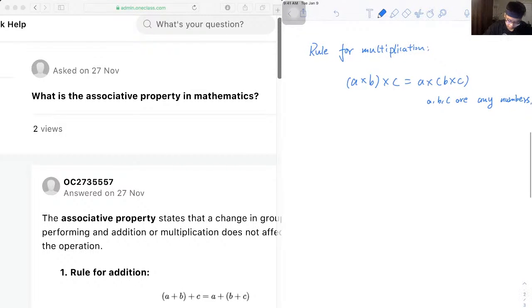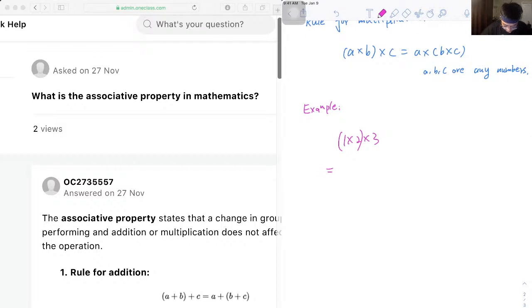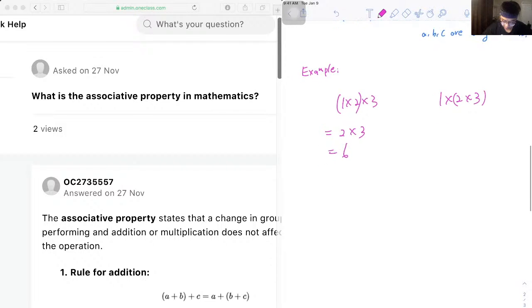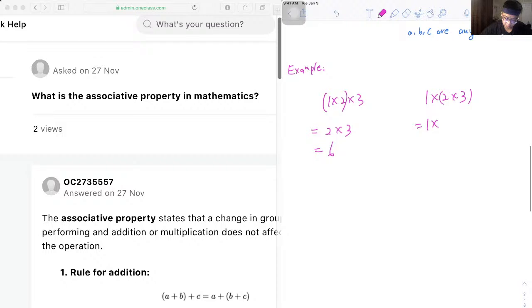Okay, so let's do an example. Let's say 1 times 2 times 3. If we group the first two first, that will give us 1 times 2, which is equal to 2, and then 2 times 3 is equal to 6. And same thing, if we group the latter two, which are 2 times 3, that's going to be equal to 6, and 1 times 6 is just equal to 6.